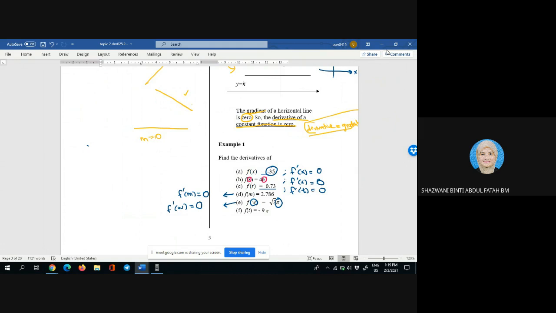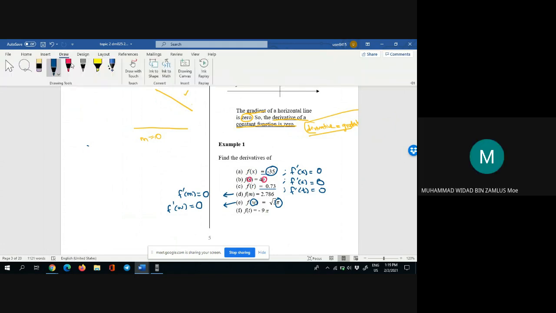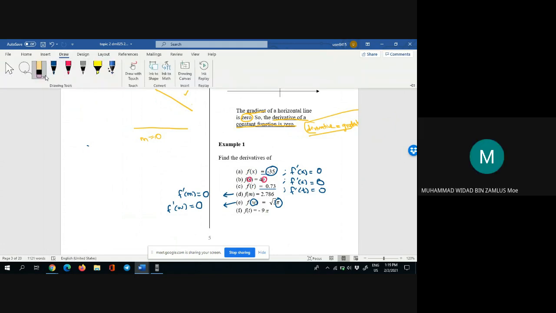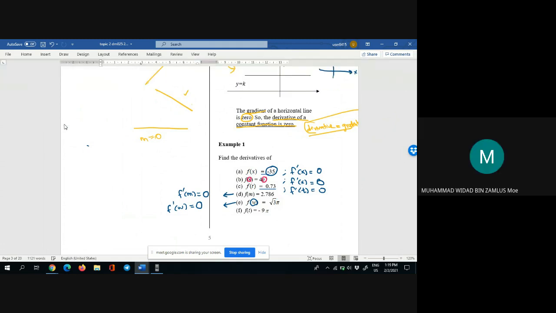Okay, saja nak bagi awak confused. Kenapa 3 pi pun 0 juga? 3 pi kan nombor je, any constant.